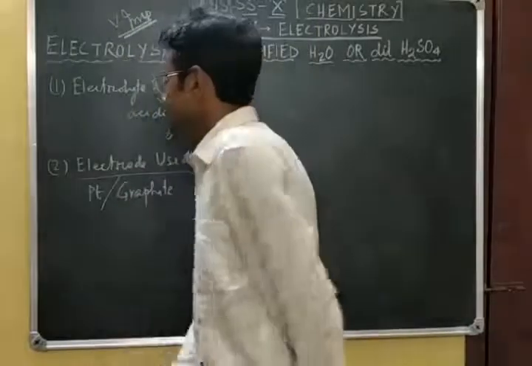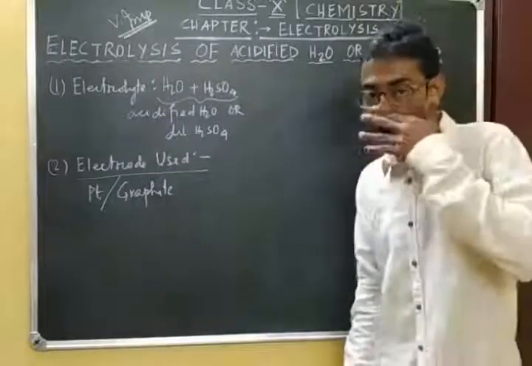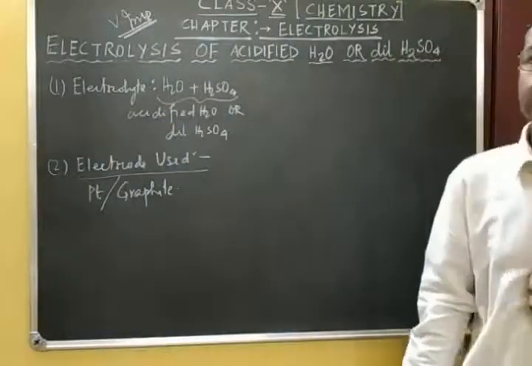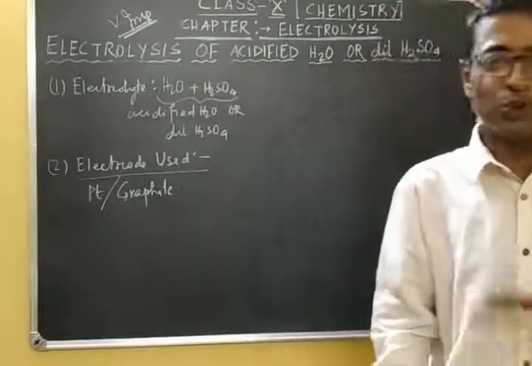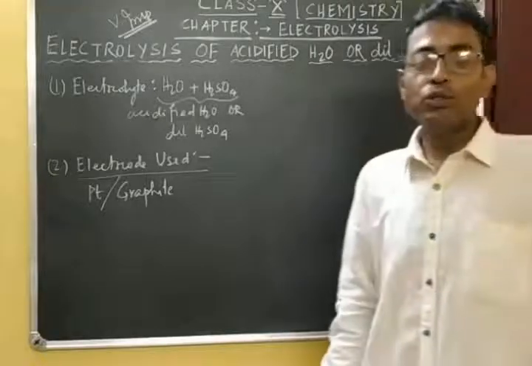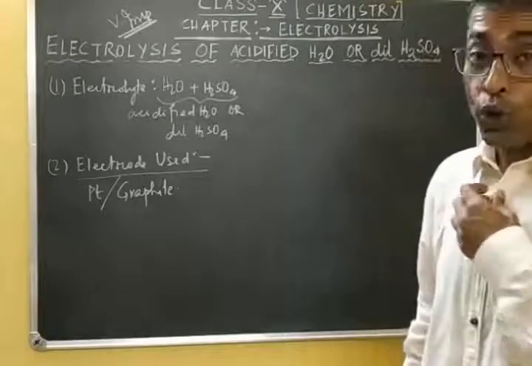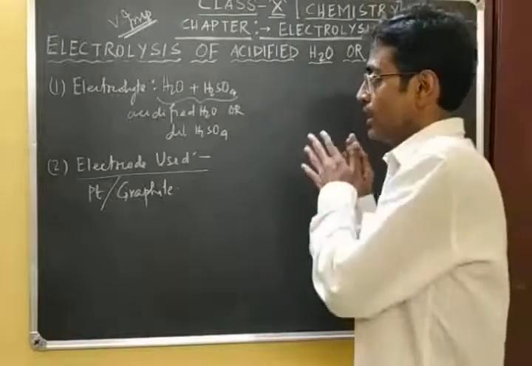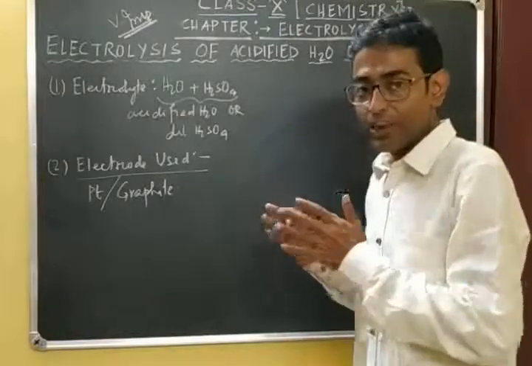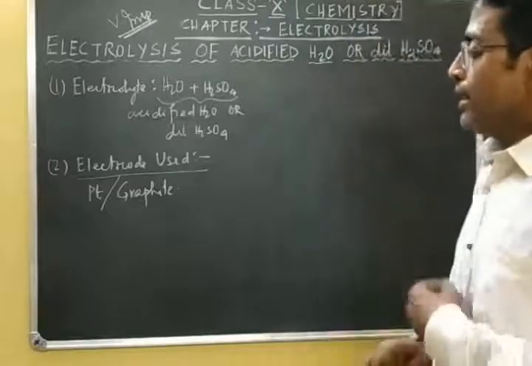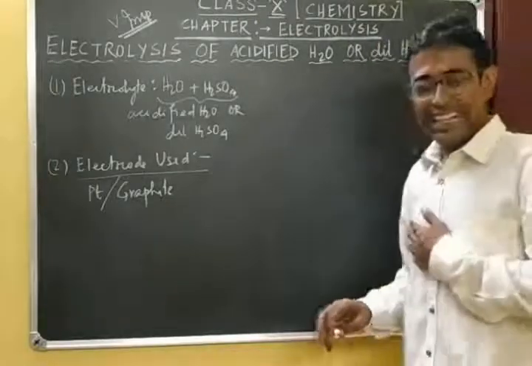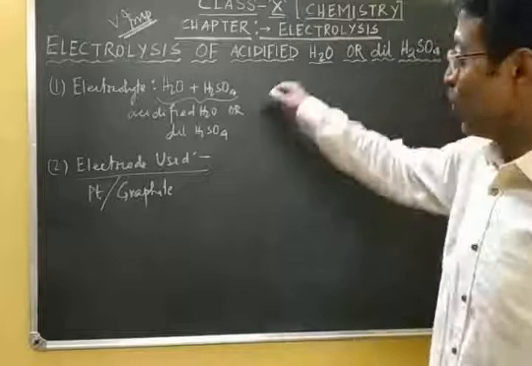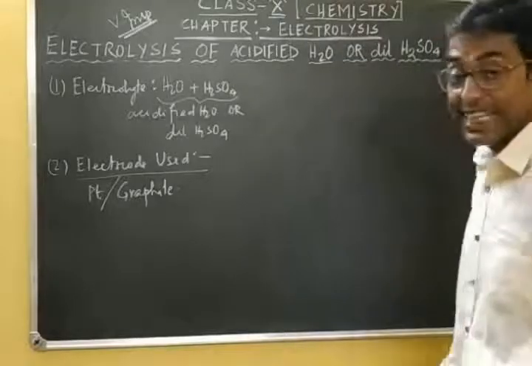And the voltage will be the same as before, below 10 volts, 10 to 12 volts. And remember, we need a very slow electrolytic process in order for the reaction to take place properly. And temperature here is a little bit low because here no molten or fused states are there.